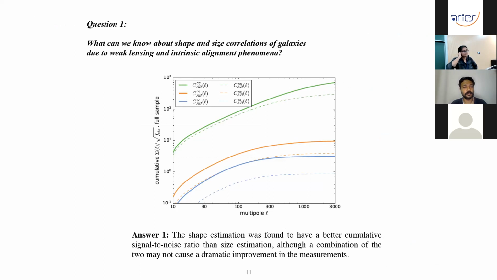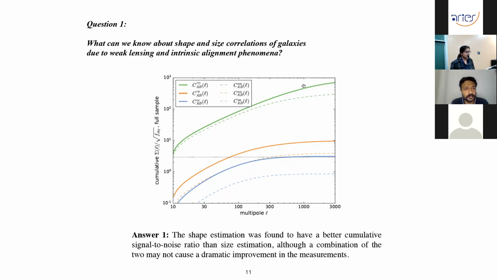This is one of the main results that summarizes what we found. If you have an autocorrelation between shape, like this green line, epsilon stands for the intrinsic shape or ellipticity, S is for the intrinsic size, gamma stands for the shear, and kappa is for the convergence, which is due to lensing.